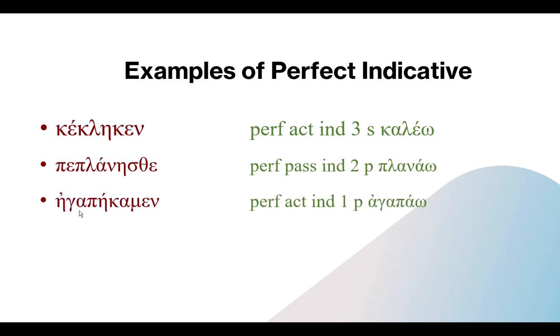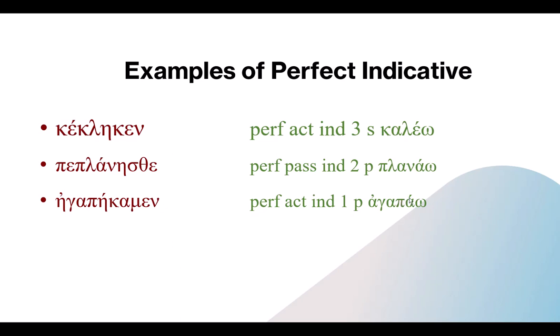So here we have agapeikamen. Agap looks a lot like agap, so agapao, and we have the alpha is now lengthened to an eta. The reduplication is a lengthening here. And then we have the ka, the perfect active tense formative.